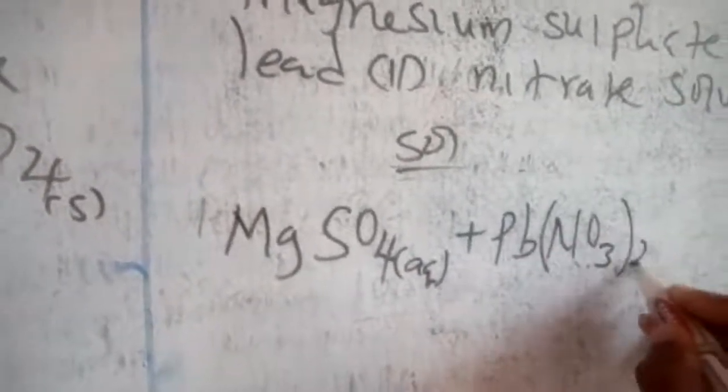Then I add it to lead 2 nitrate. Then I'm supposed to get magnesium nitrate, then lead sulfate.